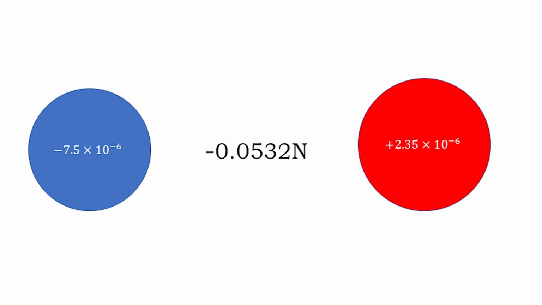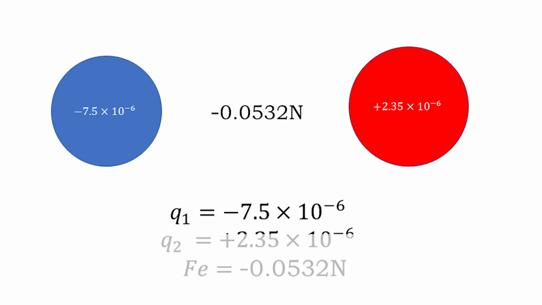Question. One of 2 point charges is charged with a charge of minus 7.5 times 10 to the power of minus 6 Coulomb, and the other is charged with a charge of plus 2.35 times 10 to the power of minus 6 Coulomb. The attraction force between the two charges is minus 0.0532 Newton. The minus sign indicates that it is an attraction force. What is the distance between the charges? Answer.